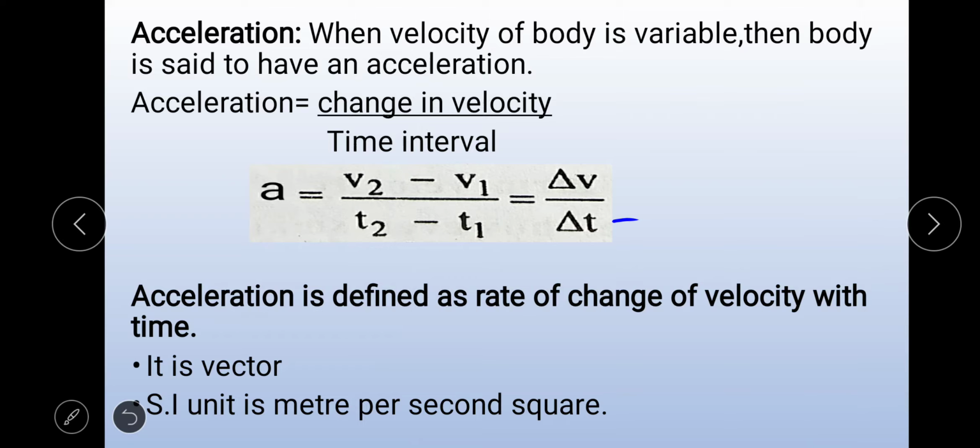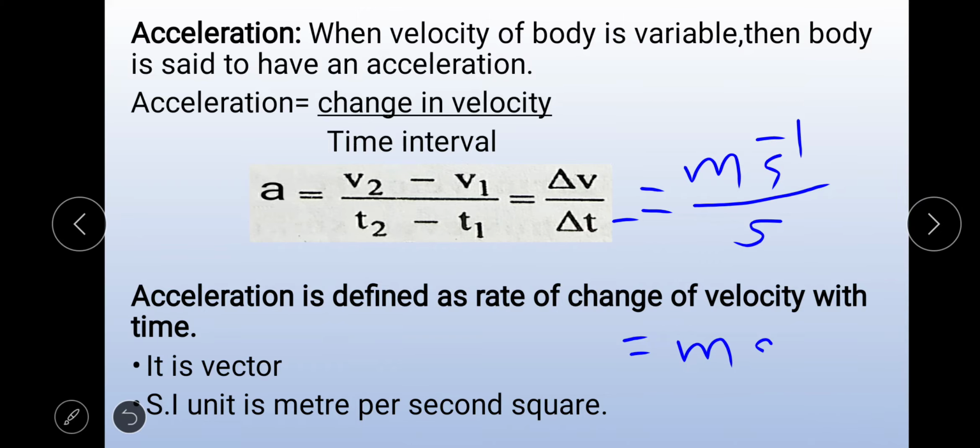From this formula, we can write here delta v, that is change in velocity, is measured in meter per second. And delta t, that is time interval, it is measured in terms of second. Hence, which is equal to meter per second square. So, SI unit of acceleration is meter per second square.